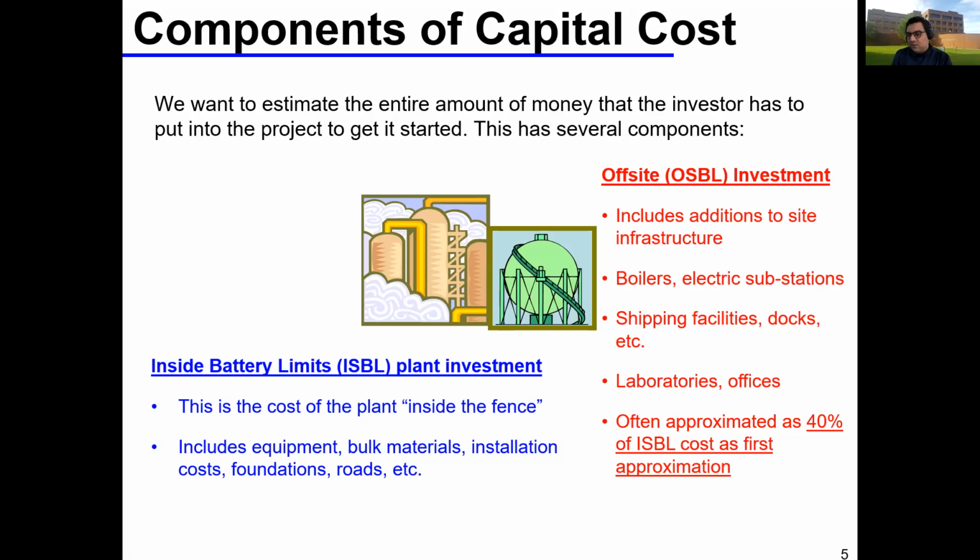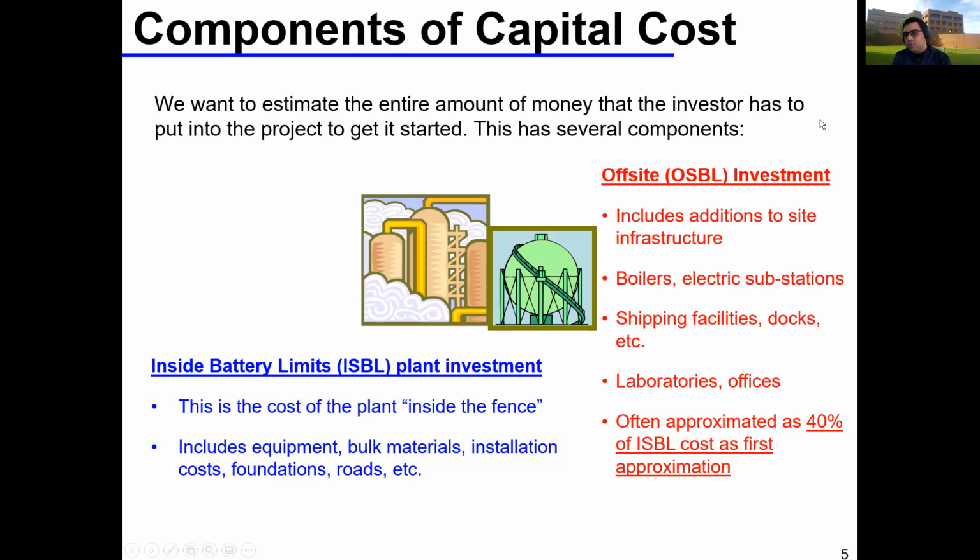And most of the time at this stage, you have no gauge of how much this is going to cost, right? So once you get your inside battery limits, you just assume that your outside battery limit or offsite battery limit is 40% of this value, okay?